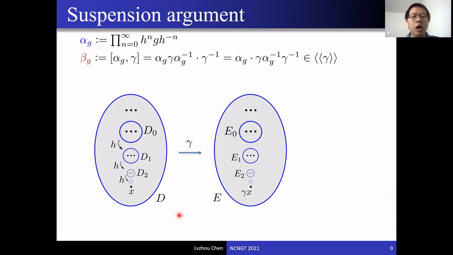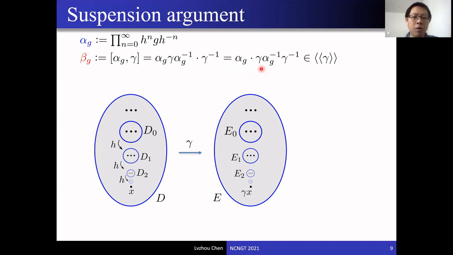Now we consider the commutator of alpha G with the starting mapping class gamma. Parsing the commutator one way, we will see that this is a conjugate of gamma multiplied by gamma inverse. So this is an element in the normal closure.